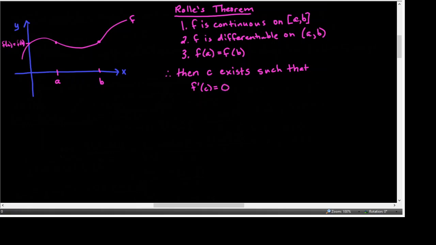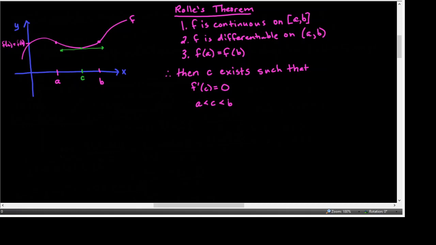So somewhere, and this c, by the way, has to be between a and b, and that c exists at least once. Can happen multiple times, but at least once there's going to be a place between a and b where you have a horizontal tangent line at c.